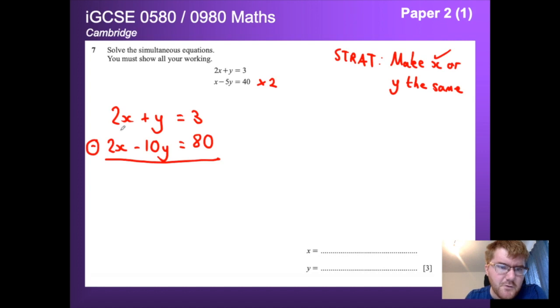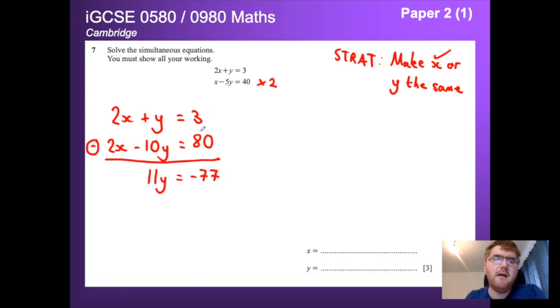So 2x minus 2x disappears, 0, that's good. Y minus 10y, 2 minuses make a plus, y plus 10y is 11y. Again, you can do this on a calculator here. 3 minus 80 is equal to minus 77.